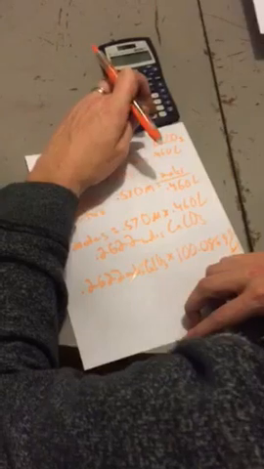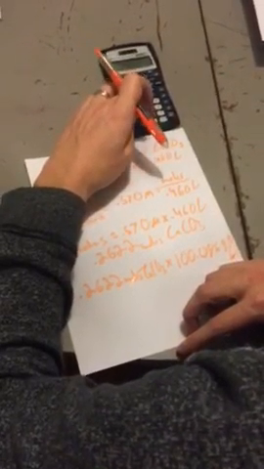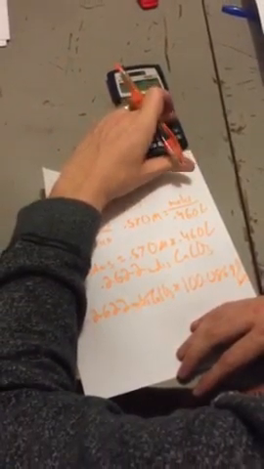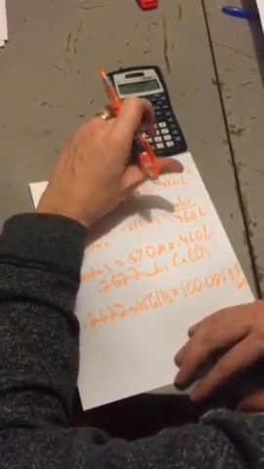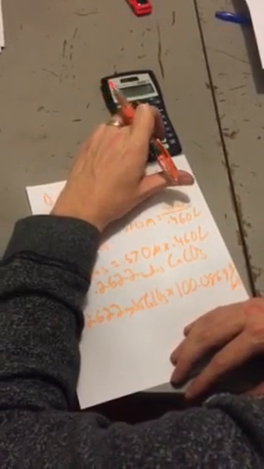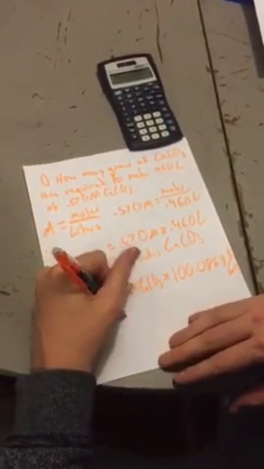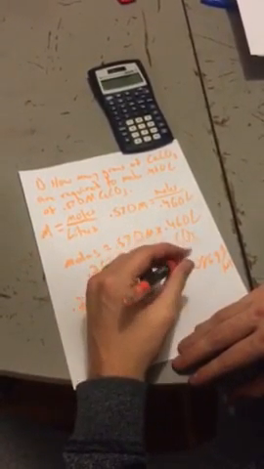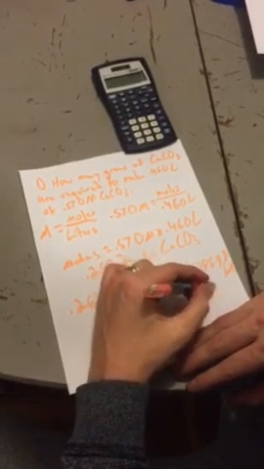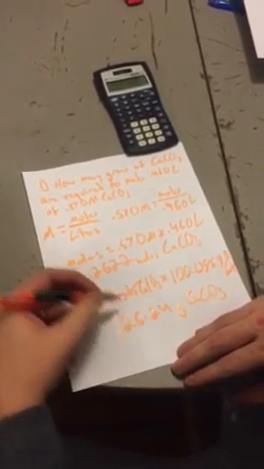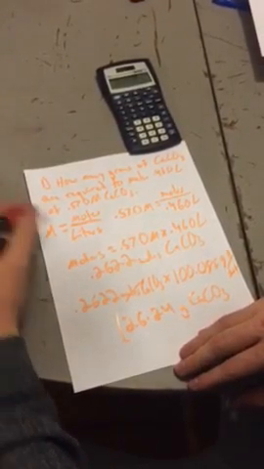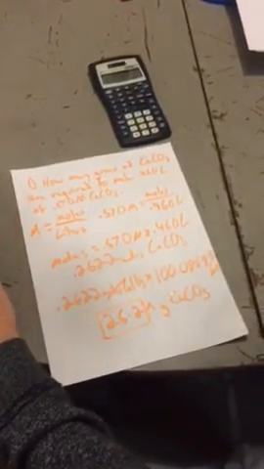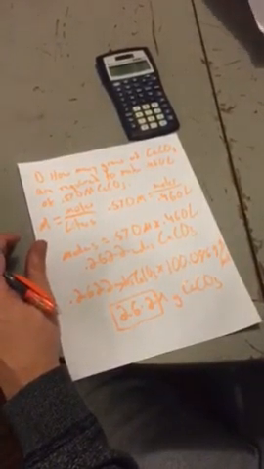Let's do this multiplication: 0.2622 moles of calcium carbonate times the molar mass of calcium carbonate gives us 26.24 grams of CaCO3. We have 3 sig figs, so we will call it 26.2 grams of CaCO3.